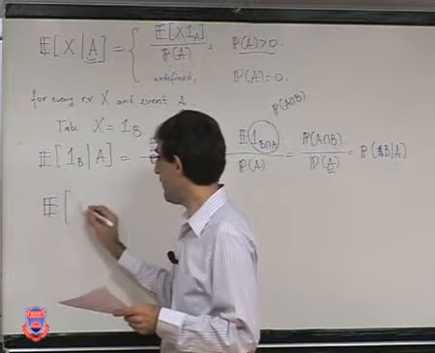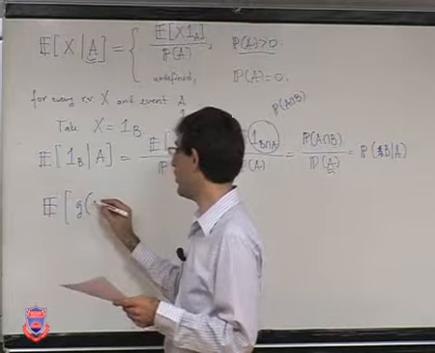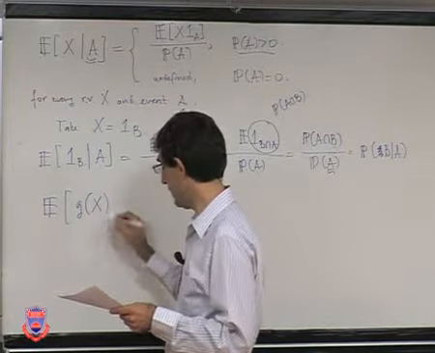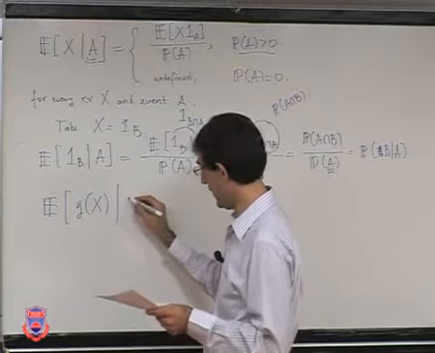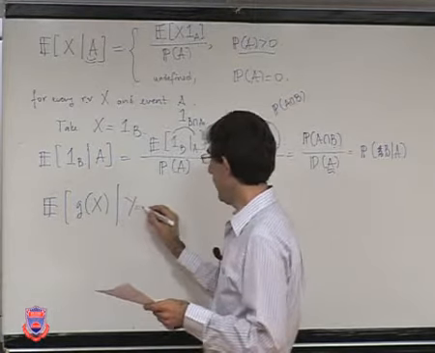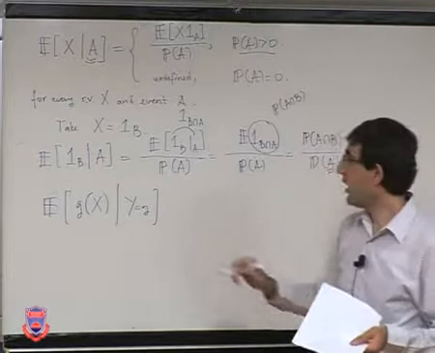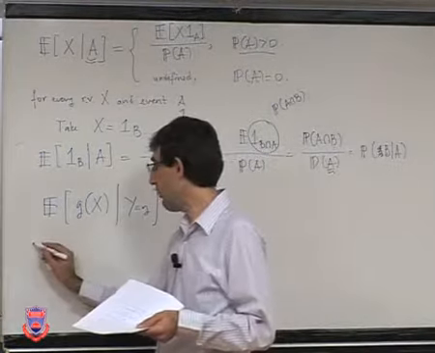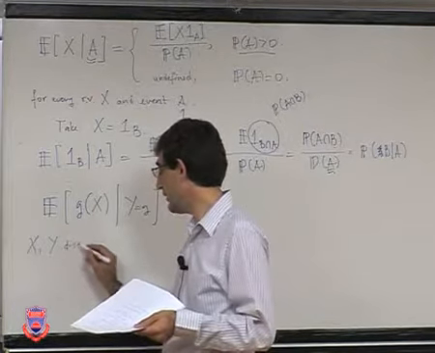If you are given a function g, first composed with random variable X, and you are asked to evaluate the conditional expectation of this given, for example, a random variable Y equals y, I'll make life easier by assuming that X and Y are discrete random variables.